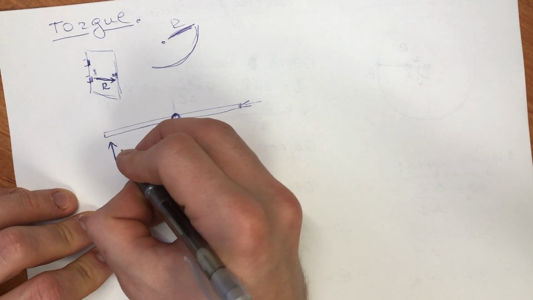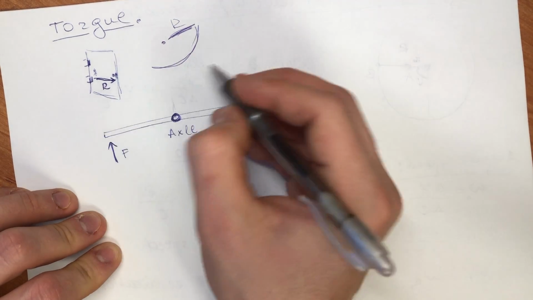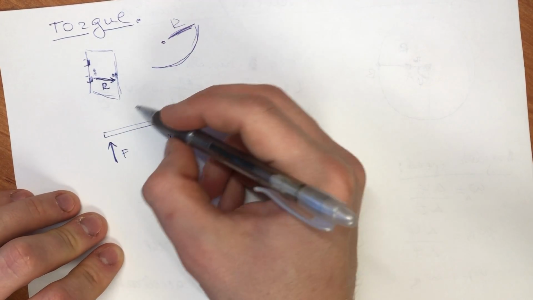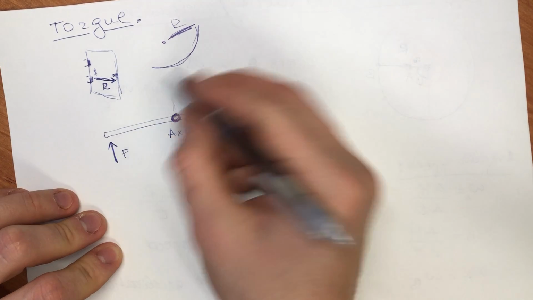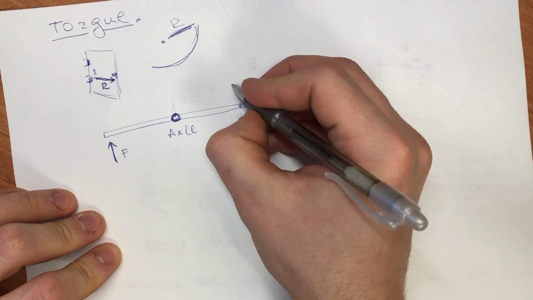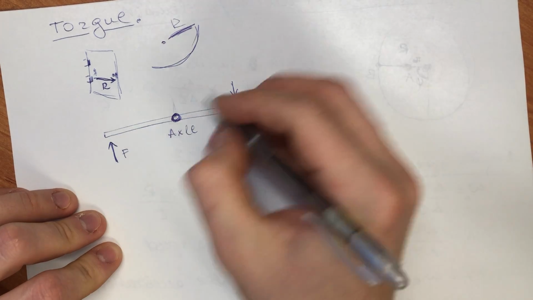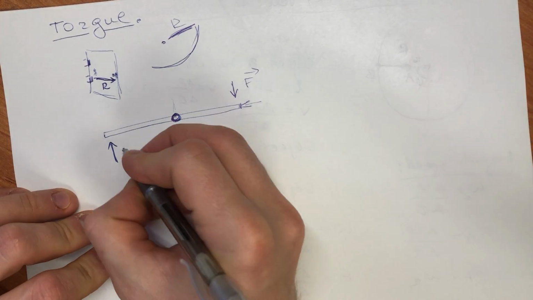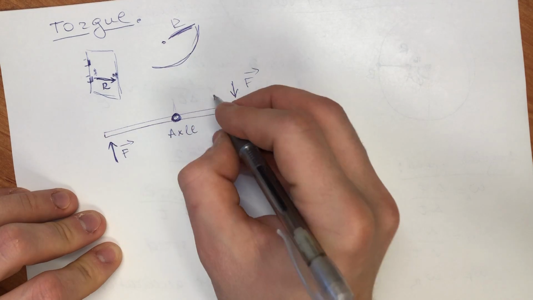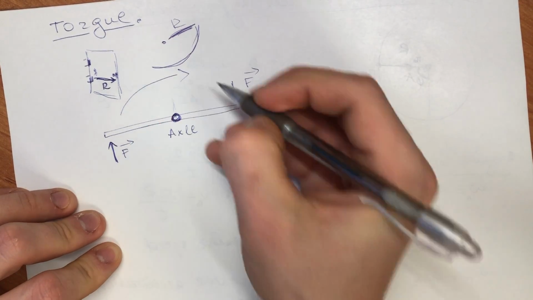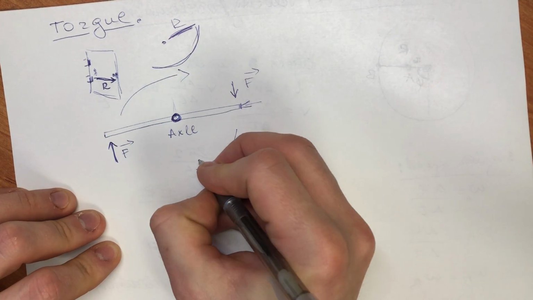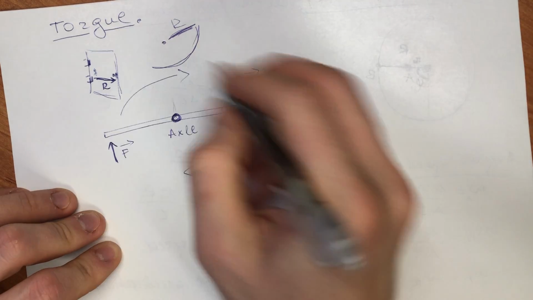If you apply the force here, then it moves in the clockwise direction. If you apply force here, it also moves in the clockwise direction, down. So in this case, although these forces are opposite, they make the rod go in this clockwise direction.